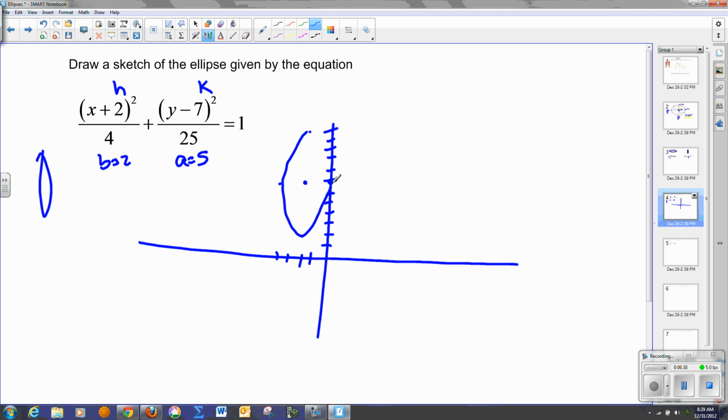Again, it's just a sketch, it doesn't have to be super accurate, but that's my ellipse. In order to sketch it, I don't need to draw in where the foci would be. Foci refers to two focus values.